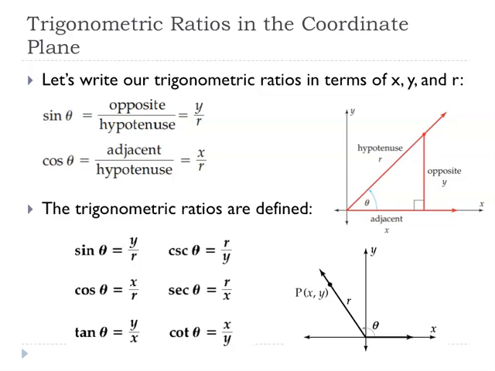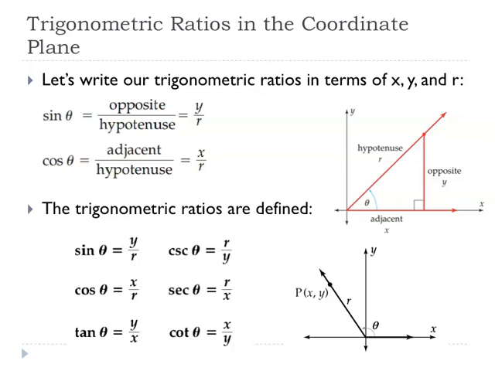This does mean we can have some negative ratio values, which with a right triangle you would never have, because all the side measures are positive. But because we are working in the xy coordinate plane, it's possible for x and y values to be negative depending on which quadrant you're in.